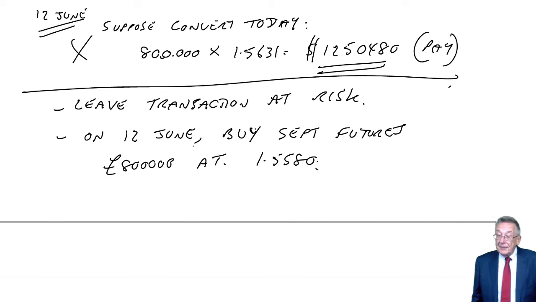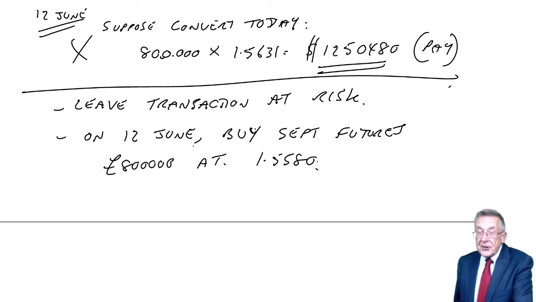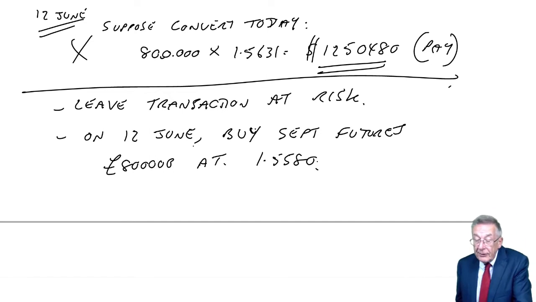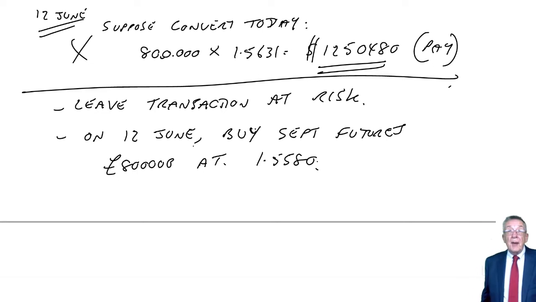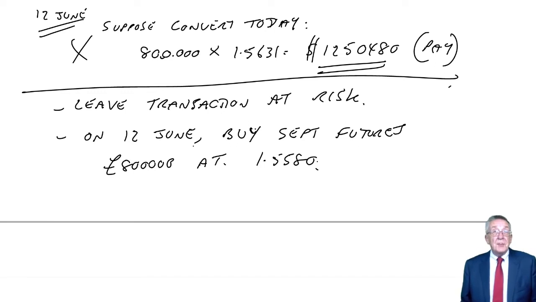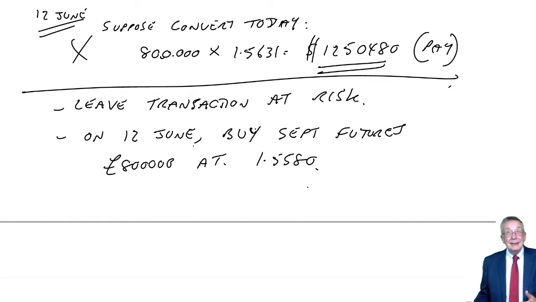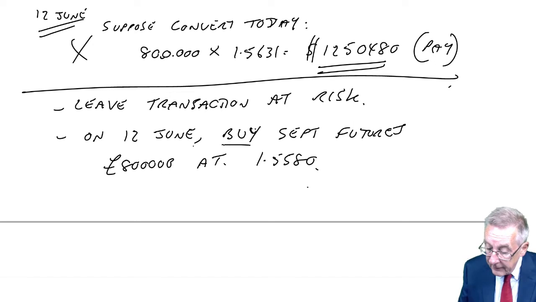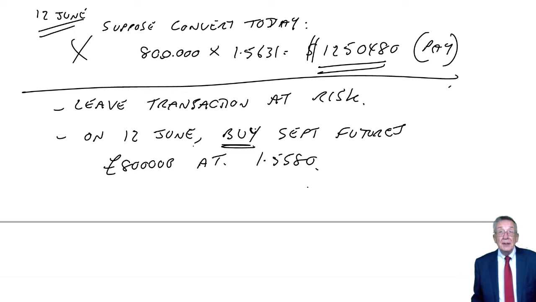And so what's going to happen? If the spot rate goes up, then on the 10th of August, we'll end up having to pay out more money. But if the spot rate goes up, the futures price will go up as well. And so if I've bought at 1.558 and it goes up, fine, on the futures I'll make a profit.